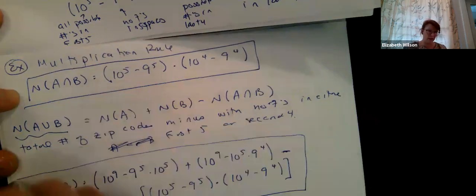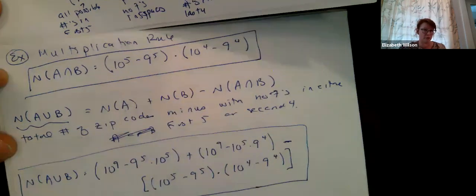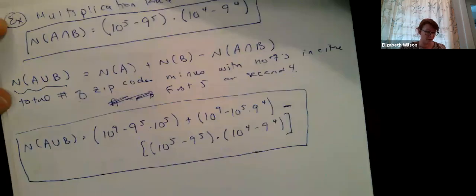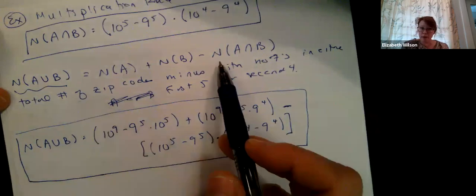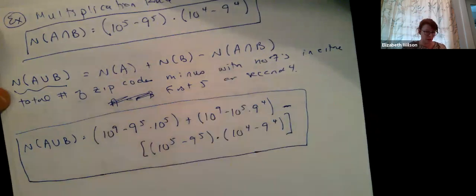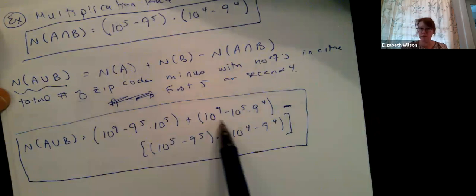Okay, and then that, oops, sorry, let me scroll that up for you to see. And then that gives us our intersection. Okay, so I'm exploiting what we talked about last week, okay, with how I'm going to combine the numbers of things. And we're just going to fill in the blanks with what we had discovered before.